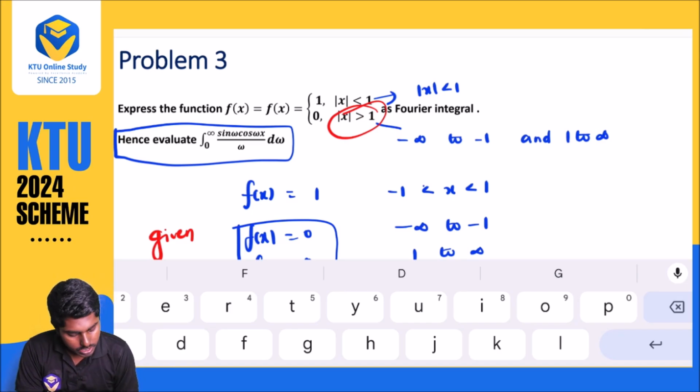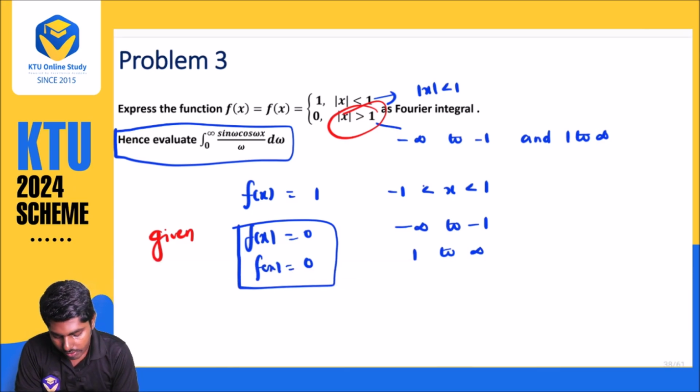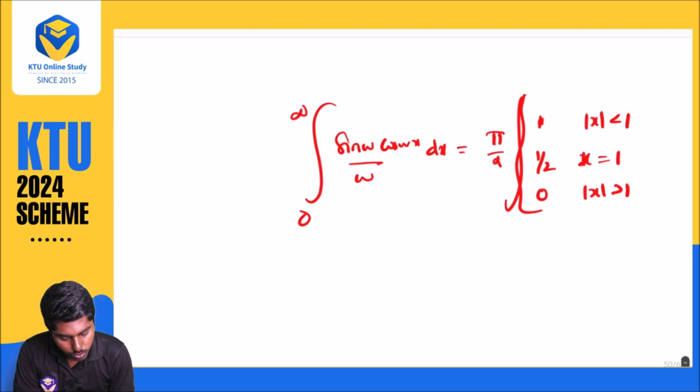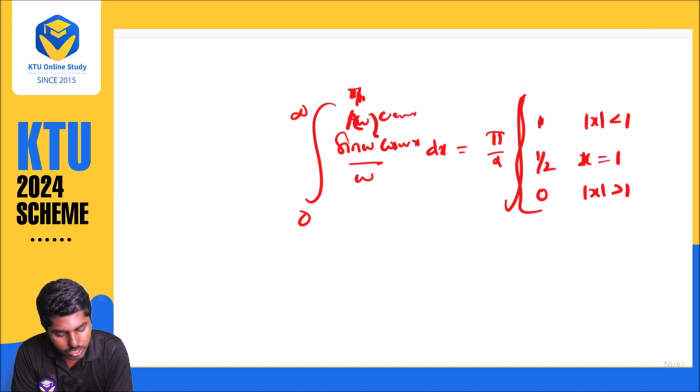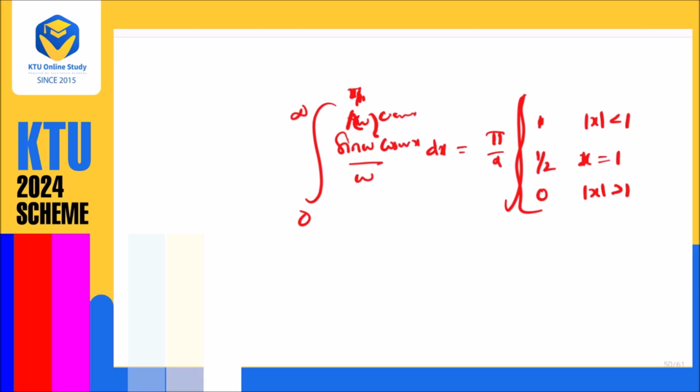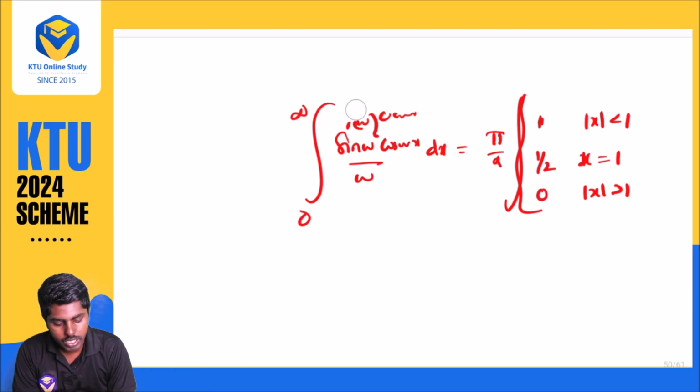That is the reason they asked to hence evaluate. Here there is a factor 2 by pi, which we take to the left hand side and multiply into f of x.